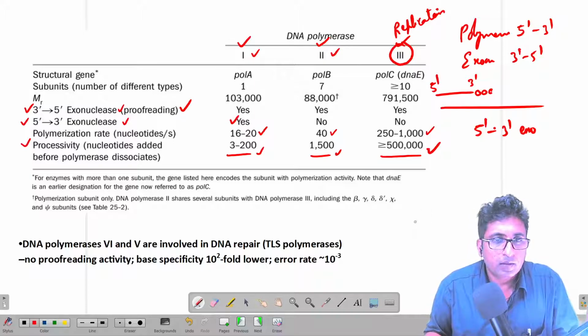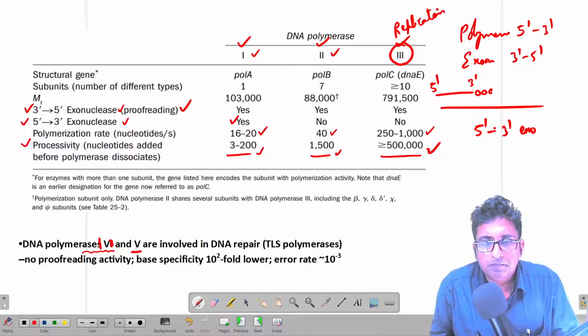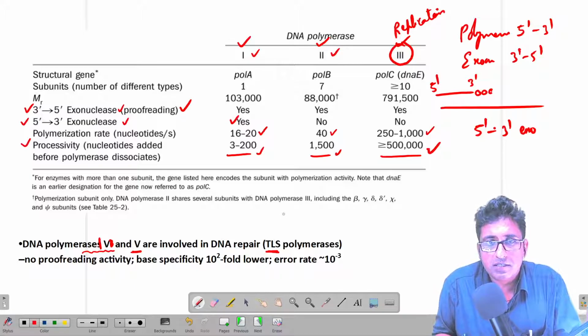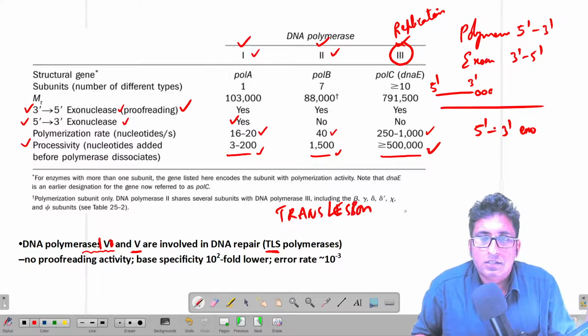processivity. There are also other polymerases, which are polymerase 4 and polymerase 5, which are also involved in DNA repair. They are called TLS polymerases, that is translesion synthesis.